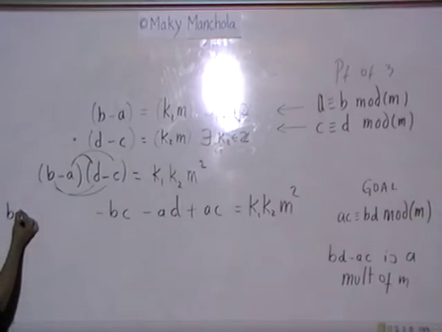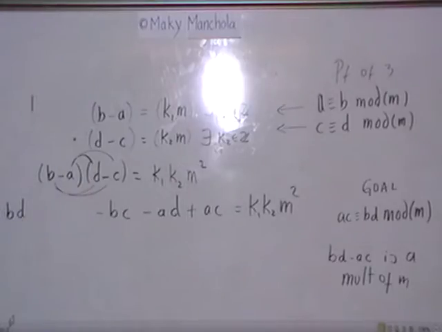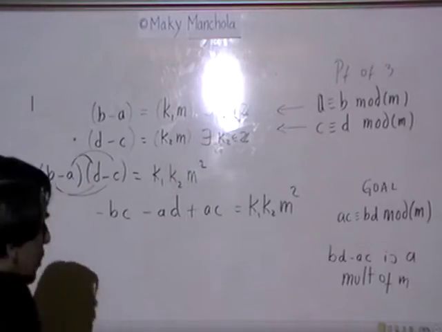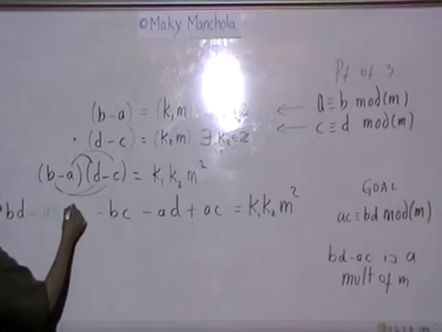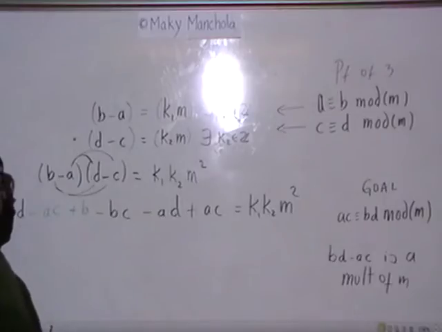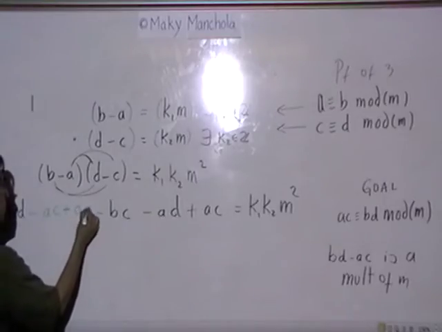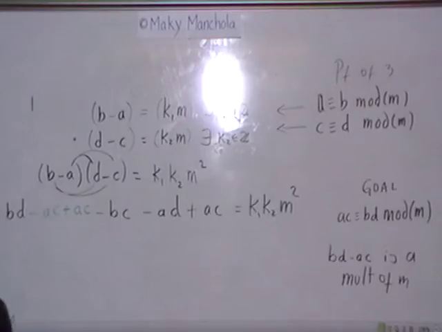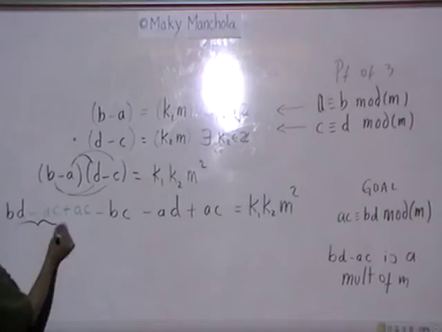So you have bd. Let's introduce the minus ac part. But if you're going to subtract it, make sure you put it back. Minus ac plus ac. This is a small manipulation here that allows you to get part of the goal.